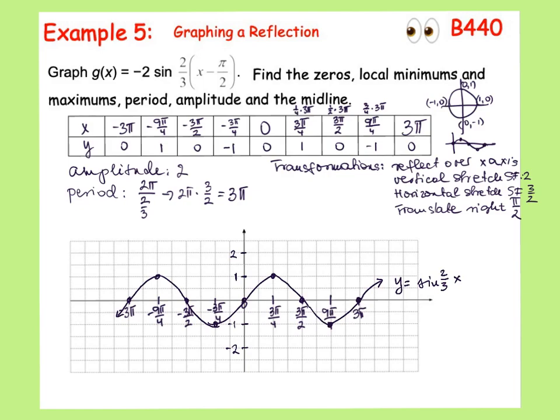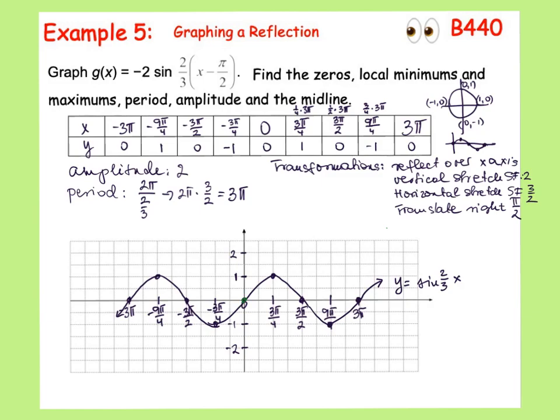So for the next step, I'm actually going to graph -2 times sine 2/3 x. So that means first I am going to stretch by scale factor of 2, and then I'm going to reflect. So the point 0, 0, if I stretch it is still 0, 0, and if I reflect it is still 0, 0. So that means this point is going to stay where it is.